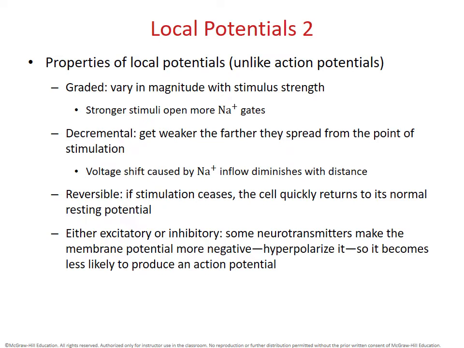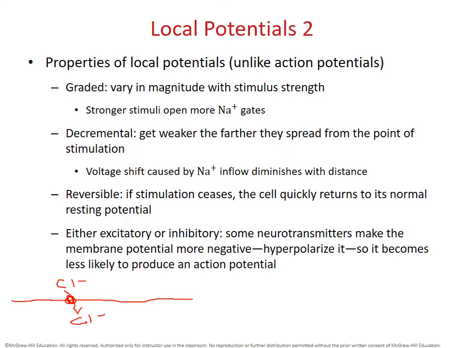Well, the channels that get opened don't always have to be sodium channels. So for instance, there may be some stimuli that when applied to a dendrite might cause a gated channel to open that allows, instead of sodium, chloride ions to flow into the cell.